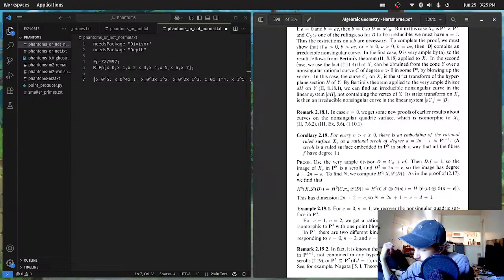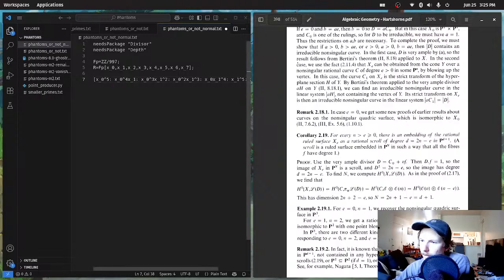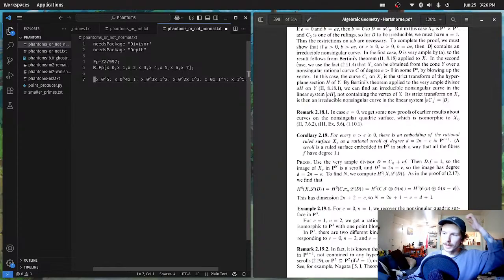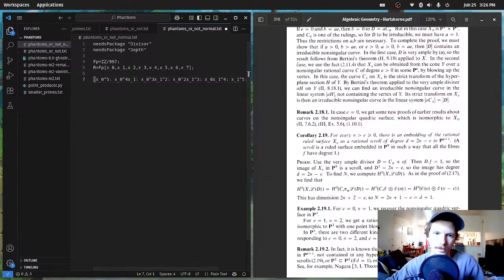So a point of this embedding is going to go somewhere, and I need to be able to figure out how a point transforms under this, whatever this thing is. It would be easy if there was some canonical embedding into P7. So maybe this is some composition of Segre embeddings and Veronese.